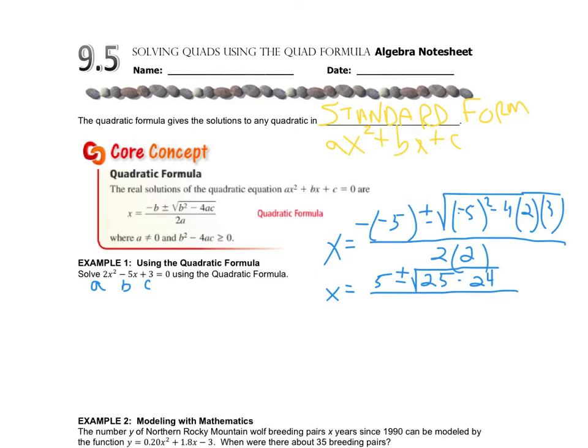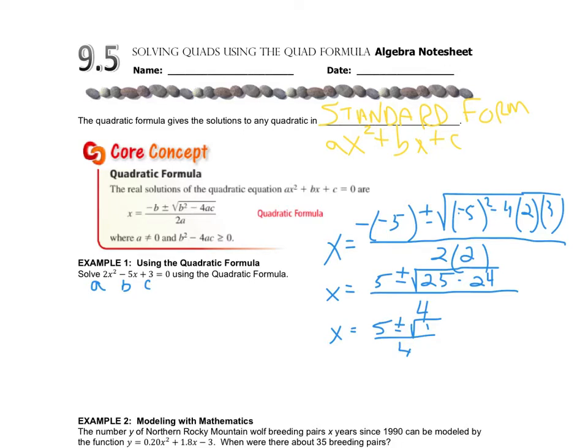And then we can do the denominator: 2 times 2 is 4. We'll go one more step before we break this apart. I have 5 plus or minus the square root of 1, over 4. Now, we want to make sure that this b squared minus 4ac is greater than or equal to 0, or I'm done. Well, we can see that we definitely do have a positive number underneath here, so I can keep going.